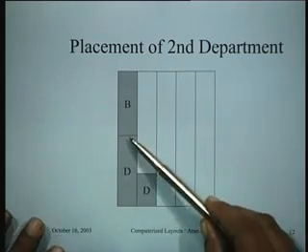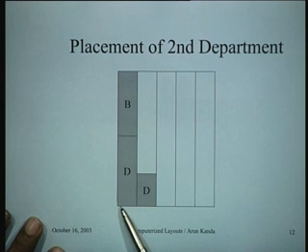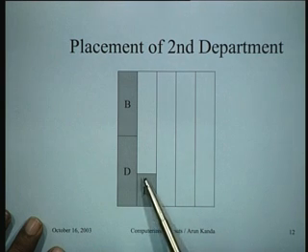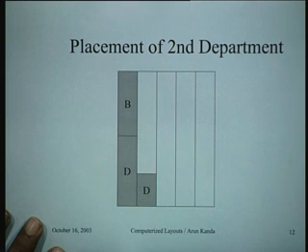Suppose that department is D. So we place D like this, but then the space is over. So then LDAP says that you place the department D and you cut the strip like this and finish it off here till you have accommodated the entire area for D.